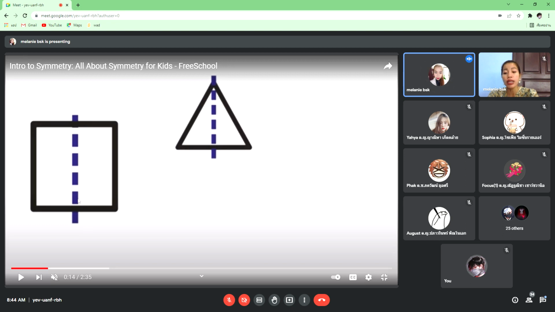One example of symmetrical shapes that we have discussed is, what is this one, children? A triangle. How about this one? A square. We also discussed the lines in here.